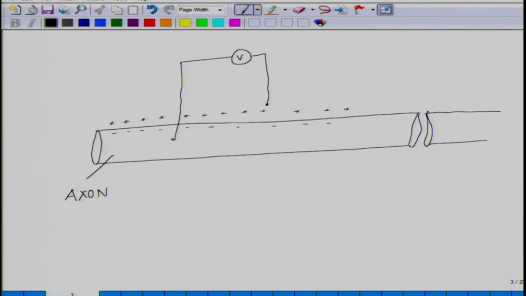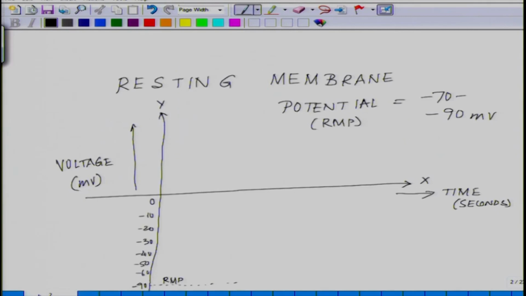So, if this cell is excited, it has been observed, if I go back to the trace, the cell becomes more positive, and then it overshoots the 0 and comes back after some time, something like this. This was the first initial trace which was observed.